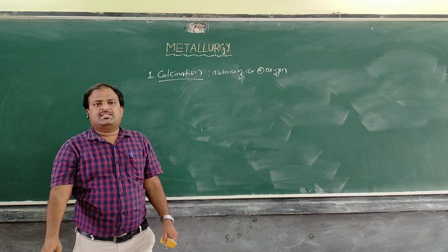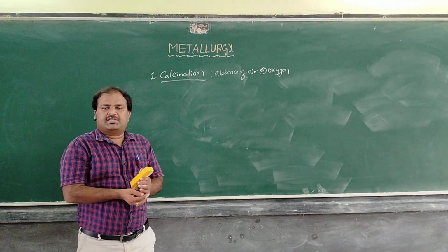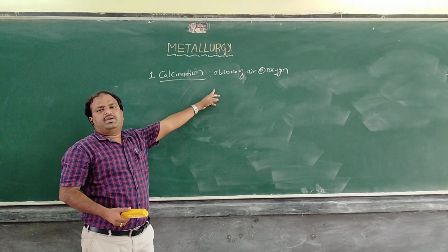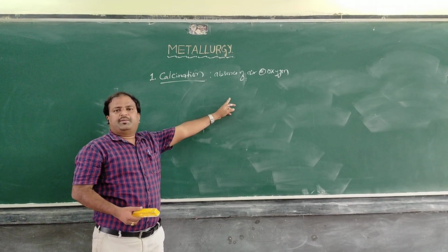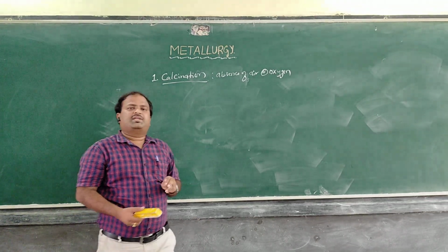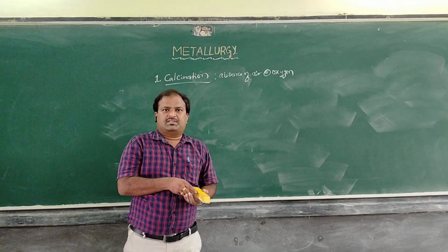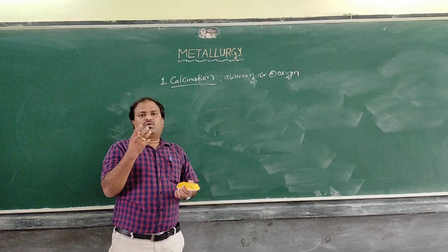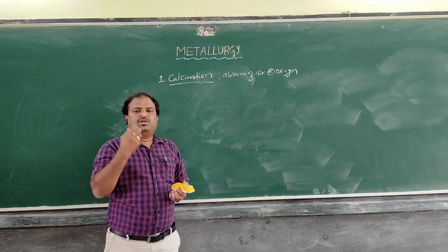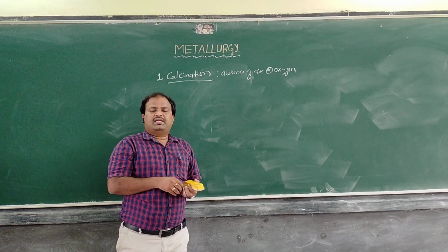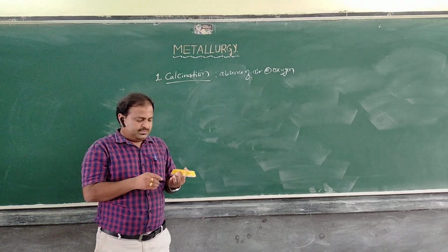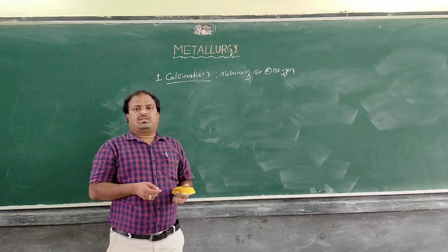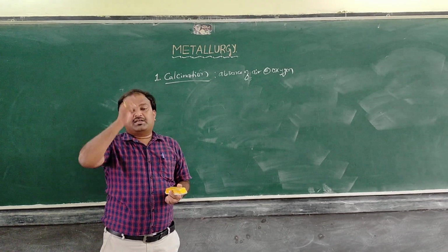It is a process in which the concentrated ore is heated in absence of air or oxygen at a temperature below its fusion temperature, that is the melting point. During calcination, the concentrated ore loses moisture, impurities, organic matter, etc. And the ore becomes more porous, spongy and smooth.